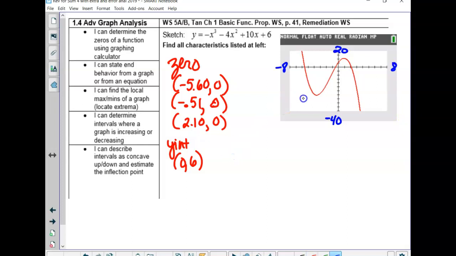The max and the min. Anybody? The max is at... one more time. 0.93. And the min? 3.60 or does anybody have? Yeah.